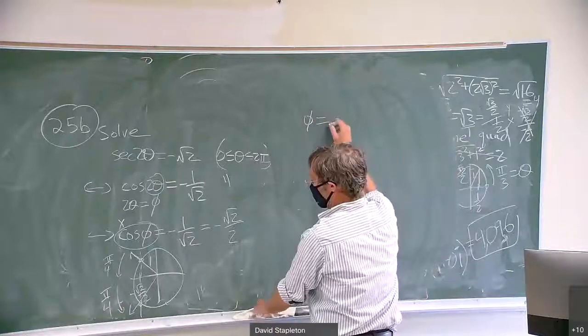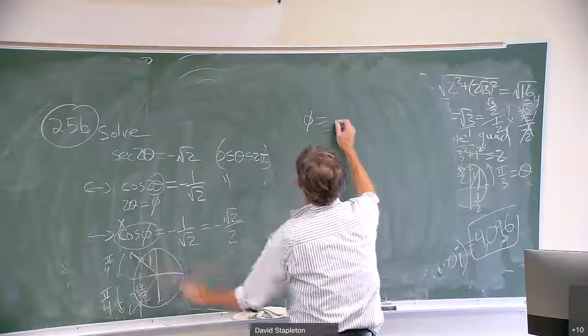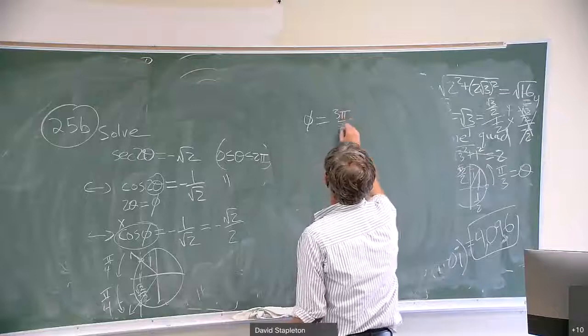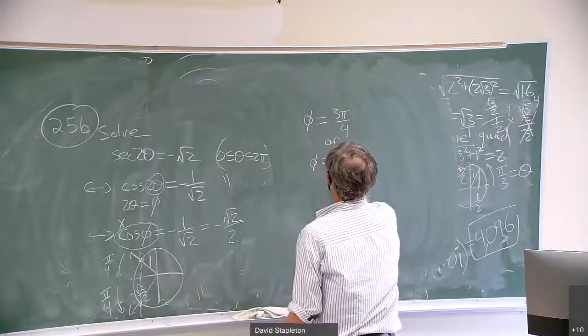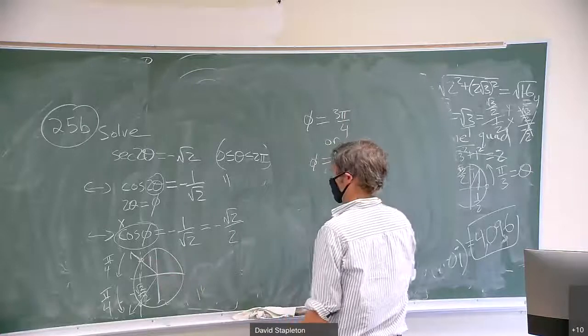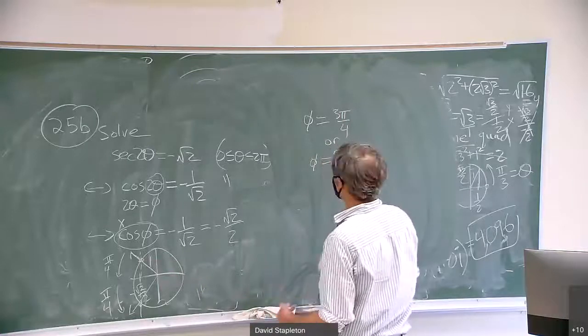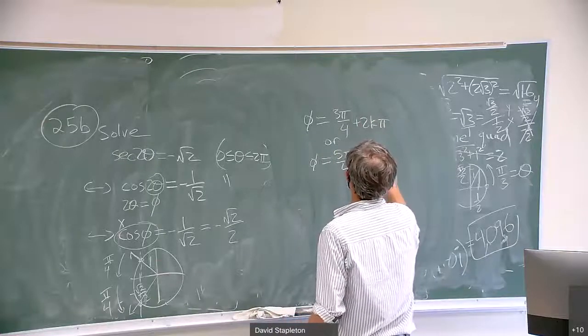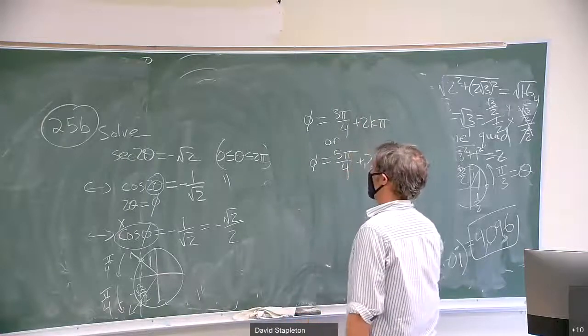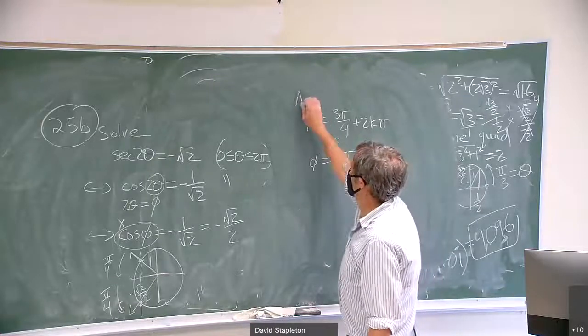Phi can be pi minus pi over 4, which is 3 pi over 4, or it can be pi plus pi over 4, which is 5 pi over 4. But wait, that's not all the angles. I can add any whole rotation, 2k pi, where k is any integer. That's all angles phi.